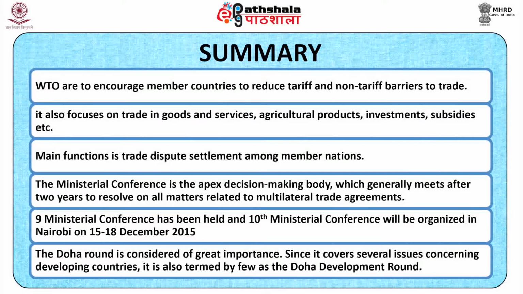The main considerations of the WTO are to encourage member countries to reduce tariff and non-tariff barriers to trade. Besides this, it also focuses on trade in goods and services, agriculture products, investments, subsidies, etc. One of its main functions is trade dispute settlement among member nations.